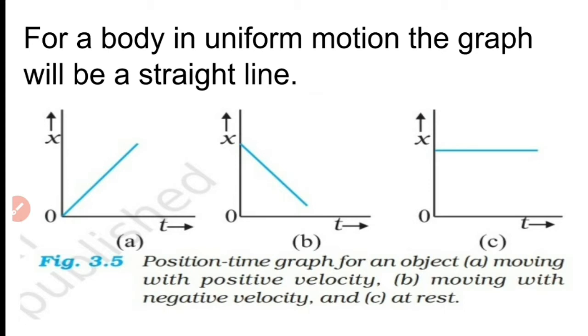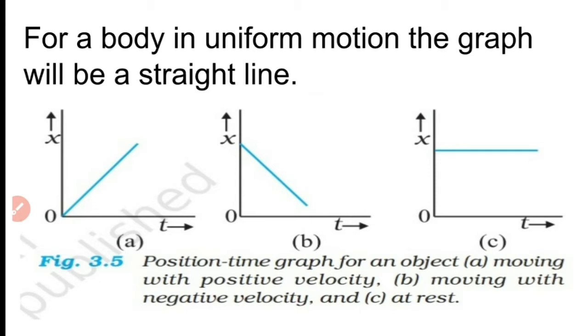Change in position negative means what? The object is moving in the negative direction. That means, in the horizontal direction, if the object is moving towards the left, then only you will have the change in position as negative.